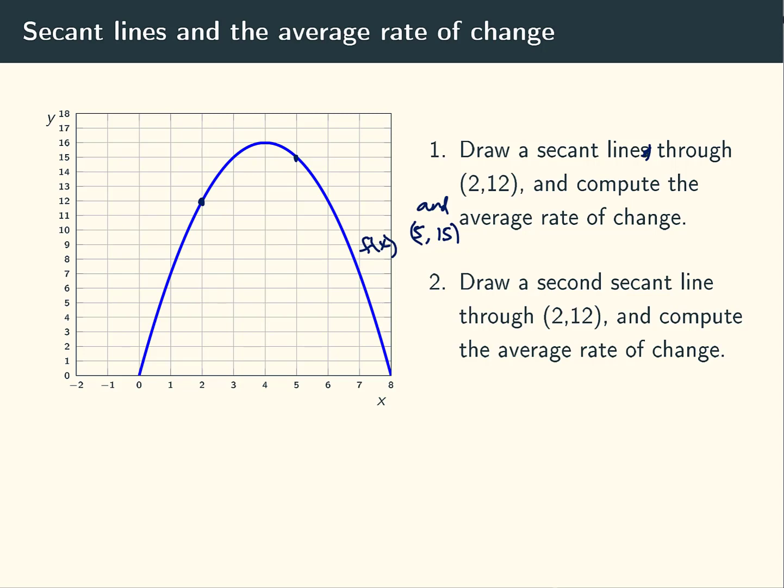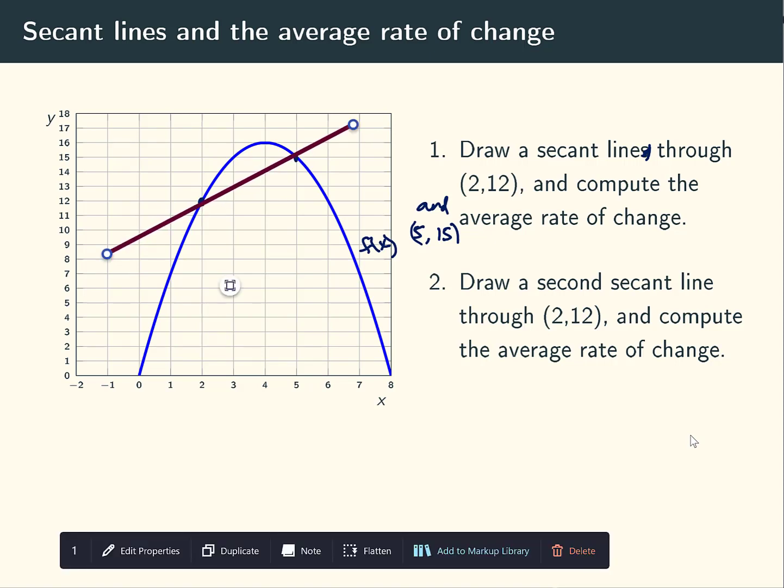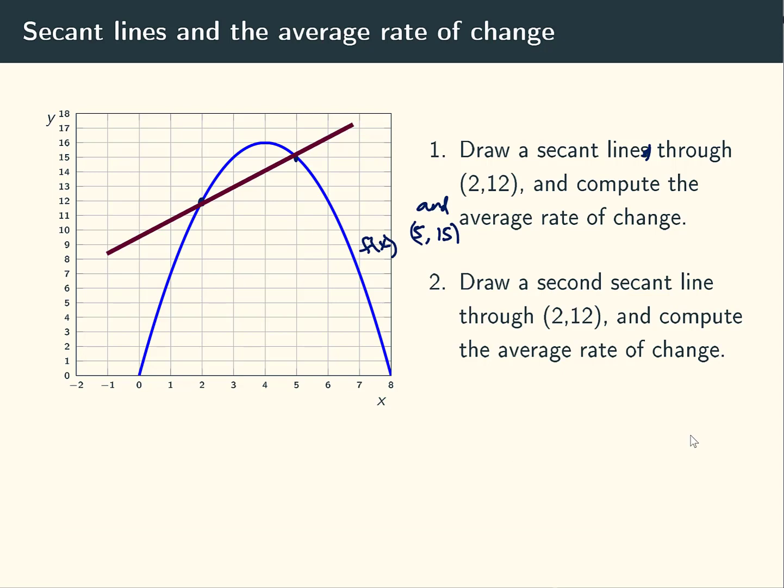And there I've drawn little circles on the graph to illustrate where we want the secant line to pass through. Now let's go ahead and draw our secant line, like so. So imagine that it's crossing the 2 points exactly. And what are our 2 points here? We've got 2, 12 and 5, 15.